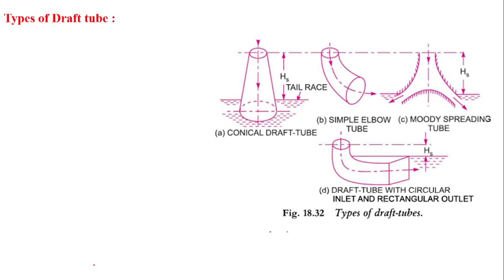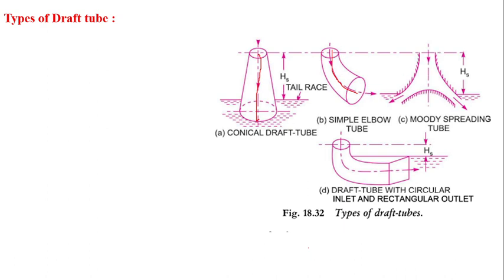Next, we explain the draft tube. You can see that the draft tube increases the area from a small area to a larger area. Water goes through it, changing from lower area to higher area.